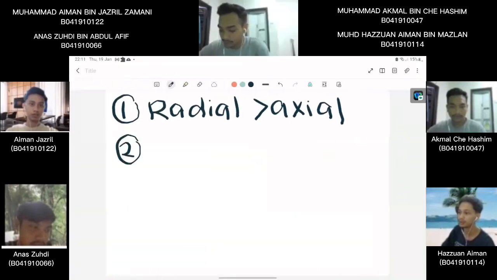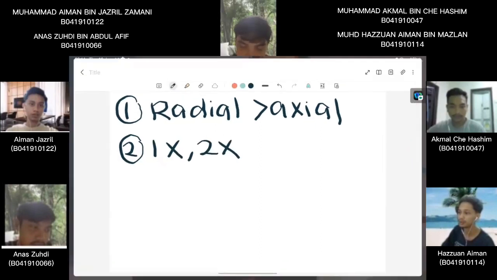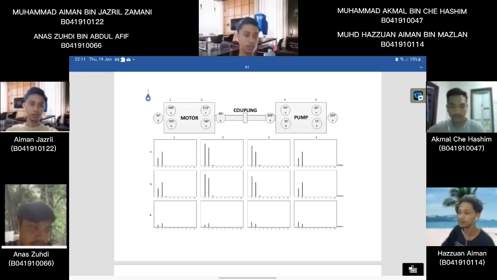We have here 1x and 2x line spectrum. Then the criterion is we need to check which one is greater.